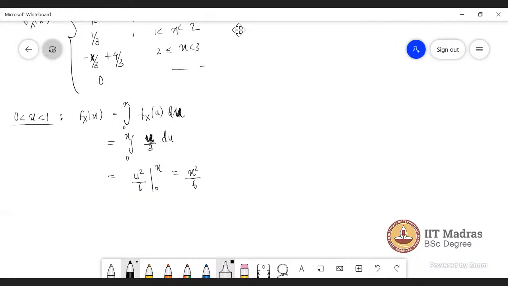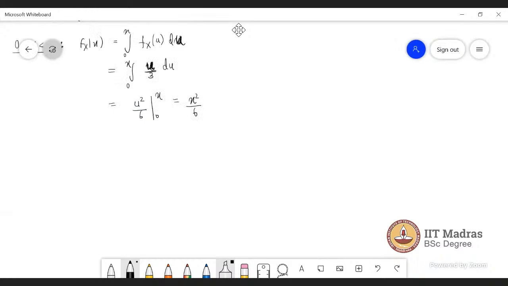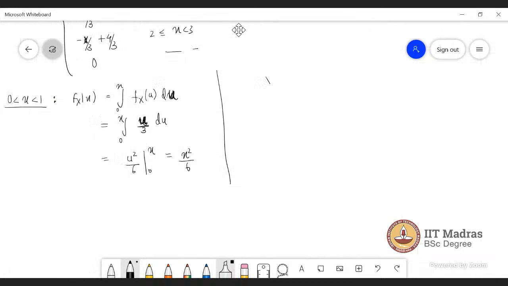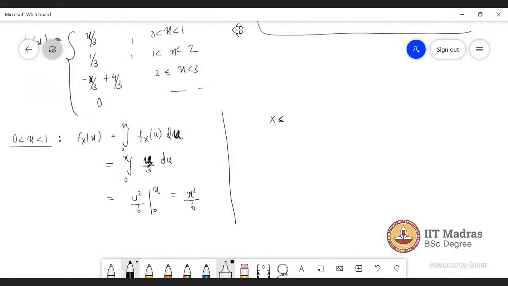Now let's see if your x lies between 1 to 2.